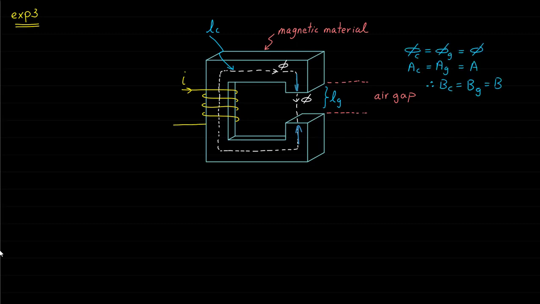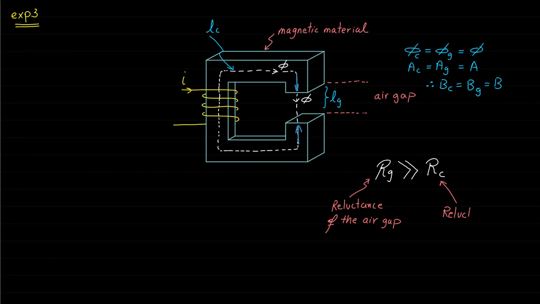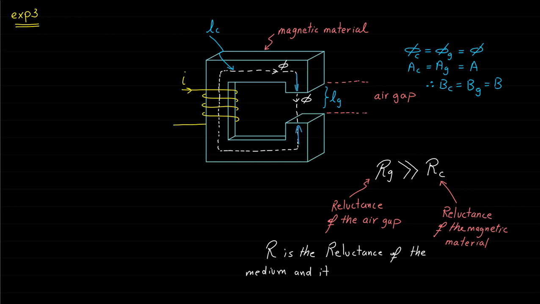However, it should be noted here that the air medium has much higher reluctance to the magnetic field lines compared with the magnetic material. The reluctance to magnetic field lines of a magnetic circuit is equivalent to the concept of resistance to electrical current of an electrical circuit.